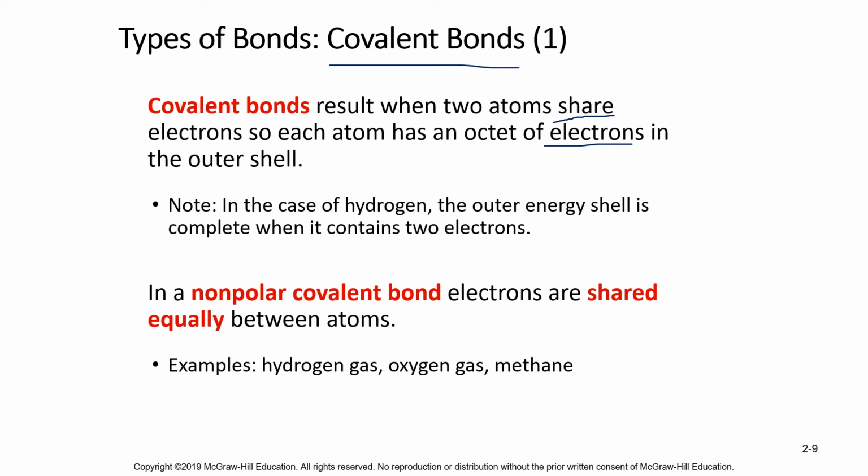It can be 2, 4, or 6 electrons. That's how many they can share. When they share electrons, however many electrons are shared count for both atoms. And I'll show you what I mean in a little bit. I'll get to polar versus nonpolar in a little bit.